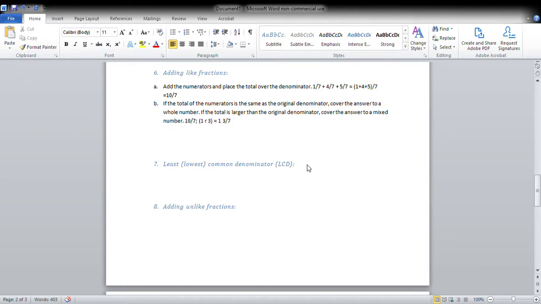The smallest non-zero whole number into which all denominators will divide evenly is the least common denominator. So again, the smallest non-zero whole number into which all denominators will divide.